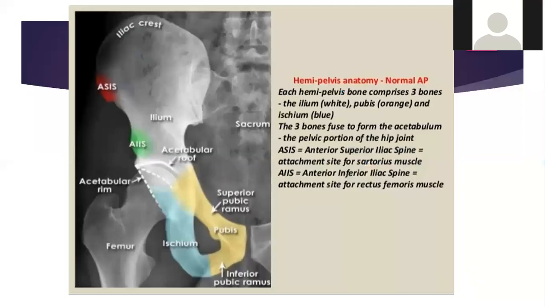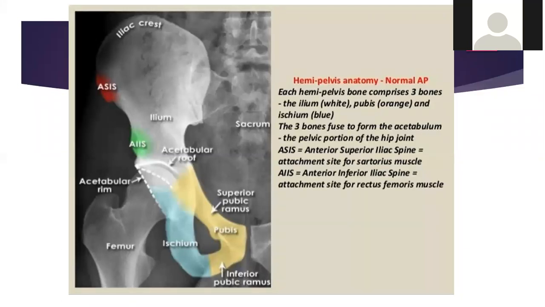I think all of us know this photo. This is a plain X-ray also for the hip joint, or what is called the hemipelvis anatomy. We have two parts, right side and left side, so this is the right side. The hemipelvis anatomy consists of three components: the ilium, the pubis, and the ischium.